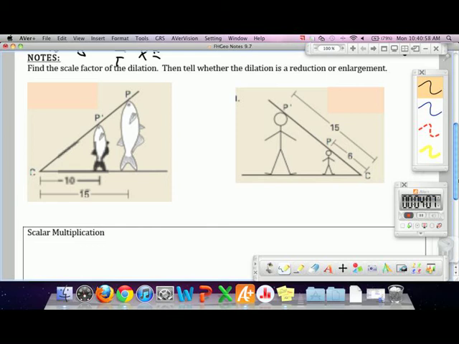If we think it's a reduction, why? It looks like it's getting bigger. Christine? Well, the big one has just P, but this one is P prime. So by the notation, we're going from pre-image to image. Absolutely. So this is certainly a reduction.